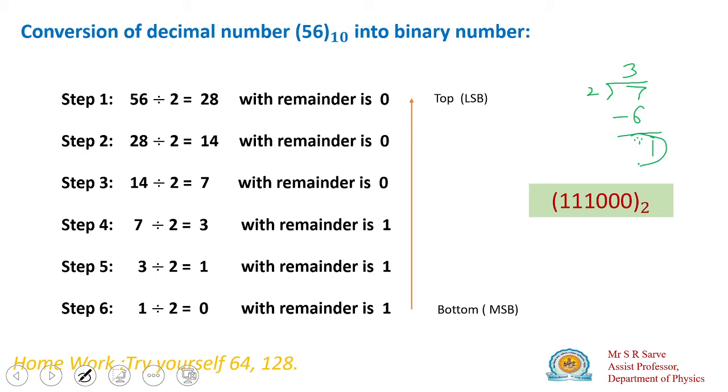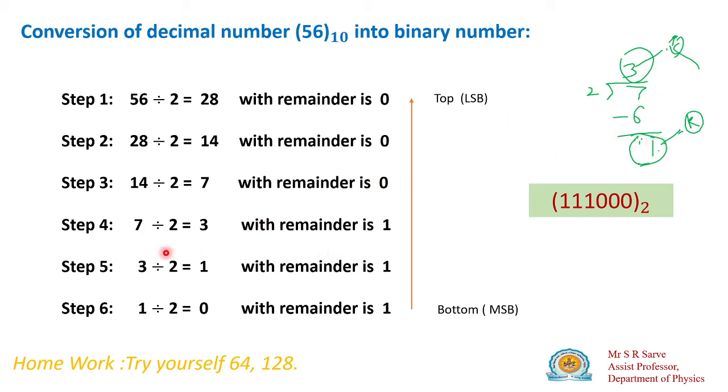This 1 is the remainder, and this 3 is your quotient. This is the quotient, and this one is your remainder. So if you divide 7 by 2, we will get 3 as the quotient and 1 as the remainder.